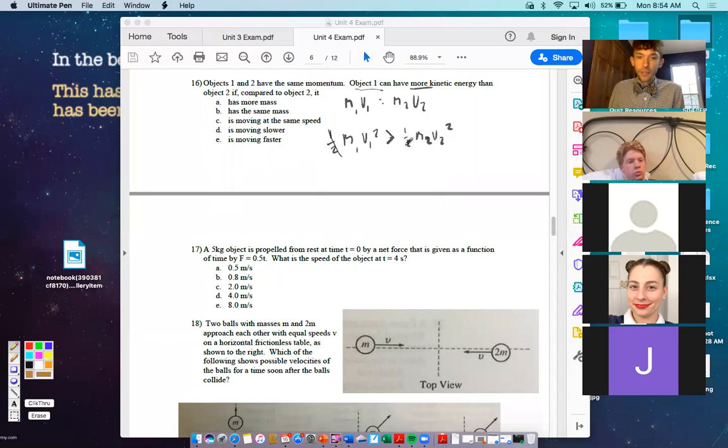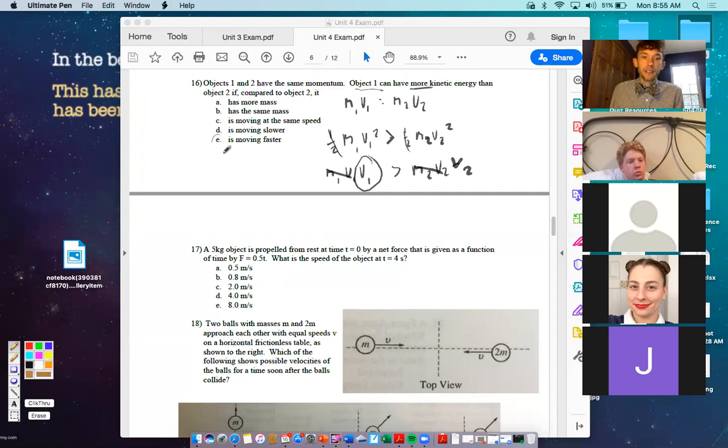I can cancel out the 1/2s, and I can rewrite this as M1 V1 V1 has got to be greater than M2 V2 V2. And I know that M1 V1 is equal to M2 V2. So object 1 has got to have a greater velocity.